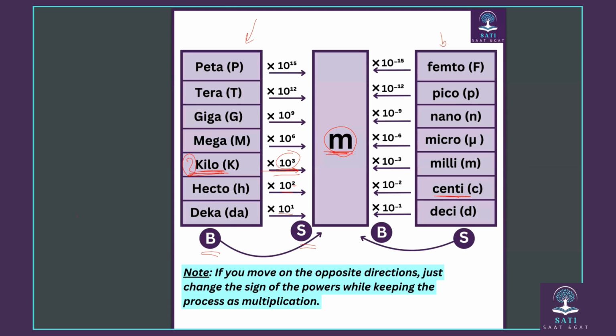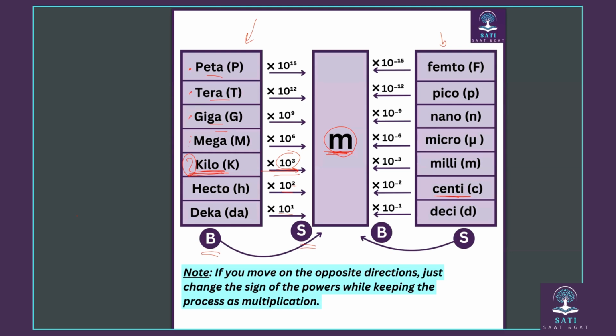So here, the units are bigger, but their numbers are smaller. When you move to a smaller unit, the number has to be greater. So 2 kilometers equals 2,000 meters.